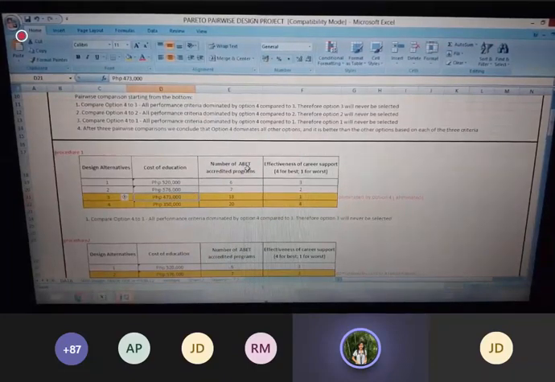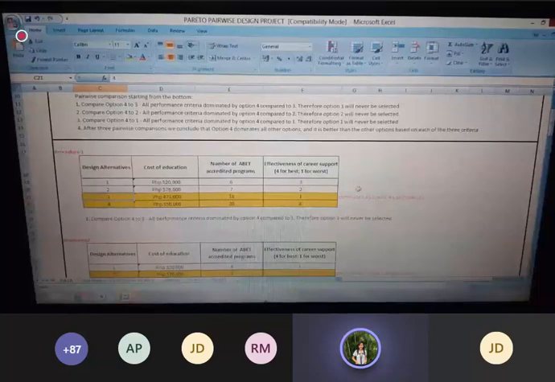When it comes to the number of ABET accredited programs, the higher is better. So for this example, option 4 again is better compared to option 3. When it comes to the effectiveness of career support, option 4 is better compared to option 3.